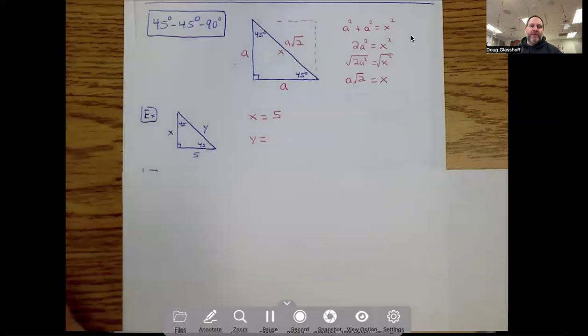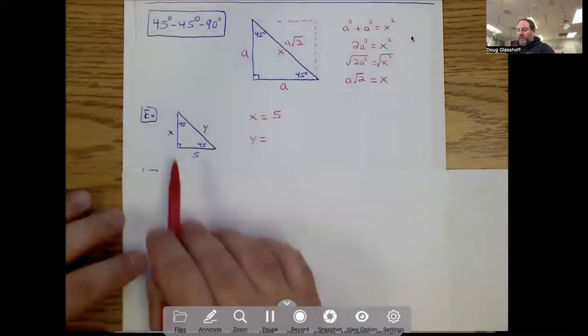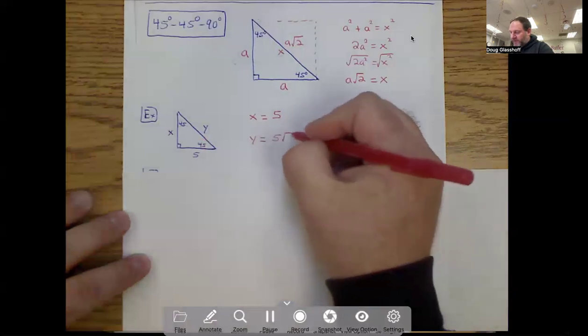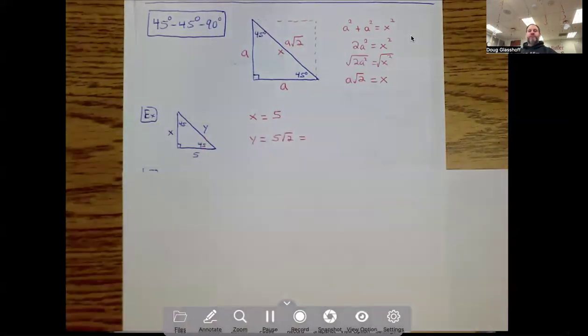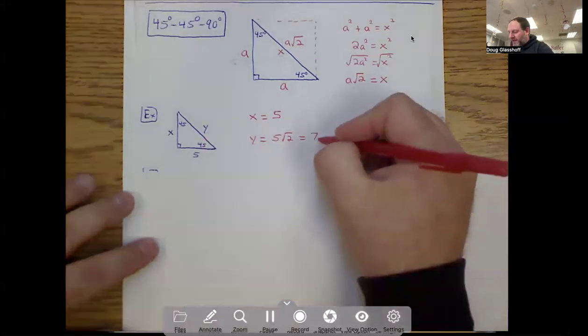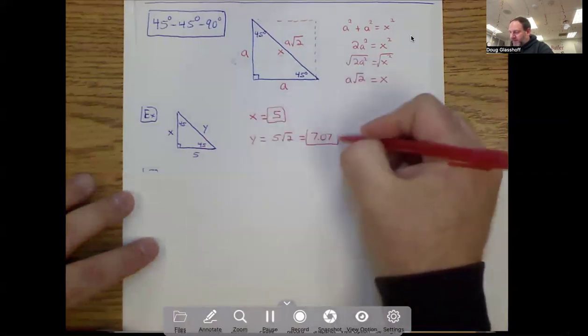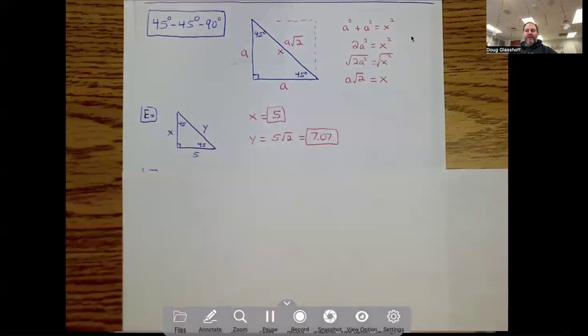We could use the Pythagorean theorem, but we can just know that if this is 5 and this is 5, then this is going to be 5 times the square root of 2. And that gives me 7.07 if we want to round it, and we could use a decimal value to get the length of that side. So a little over 7 for that length.